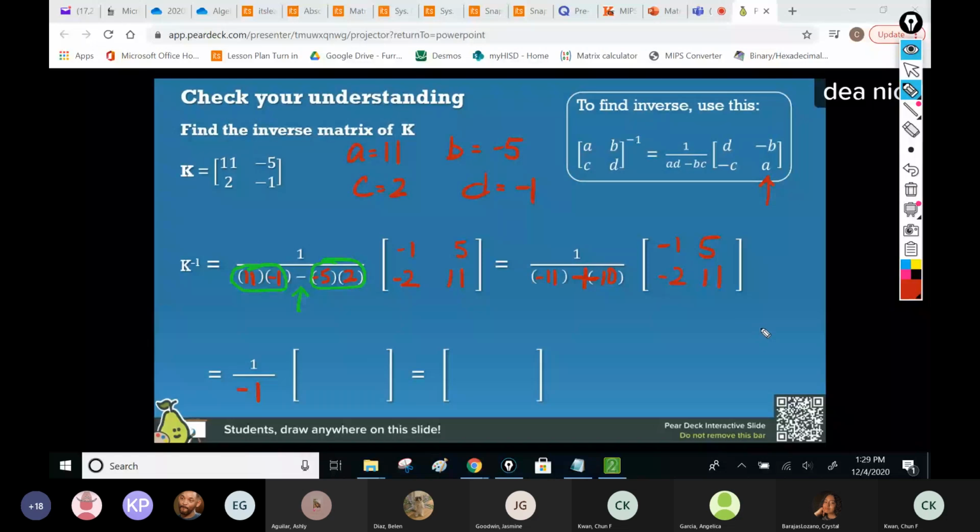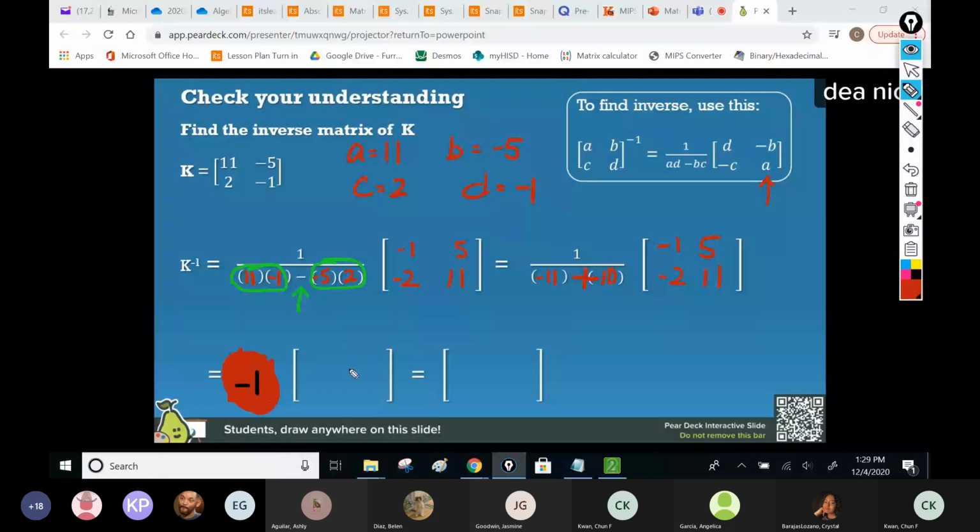And then right away, 1 over -1 right here, you can solve it and turn it into just -1.